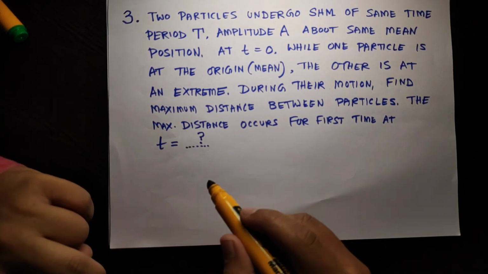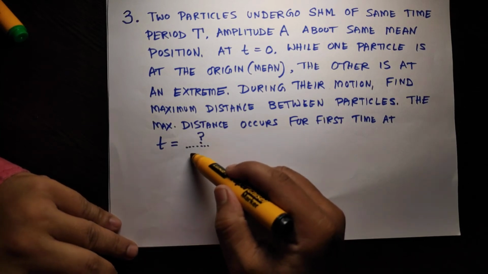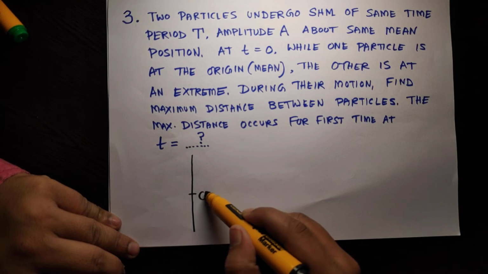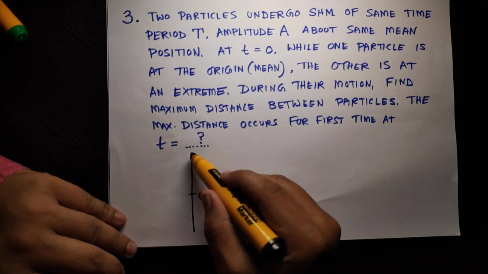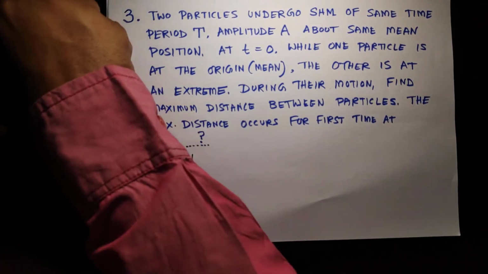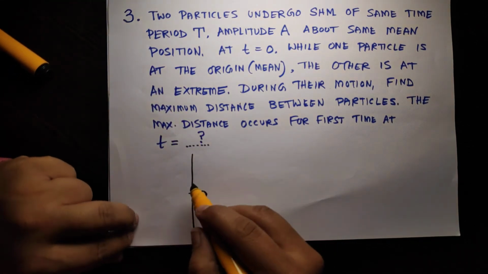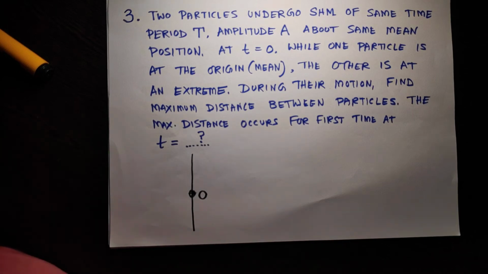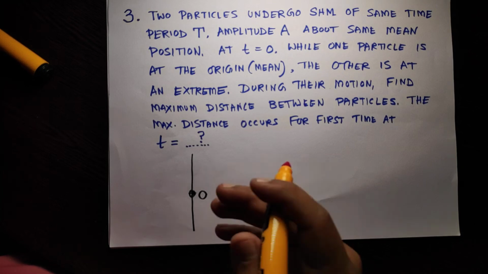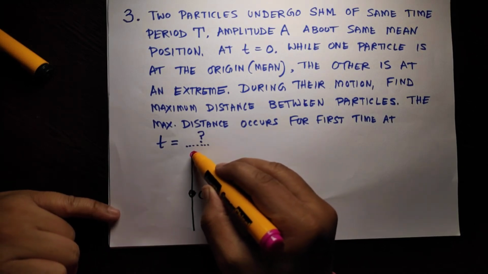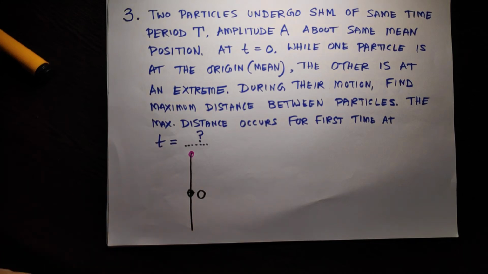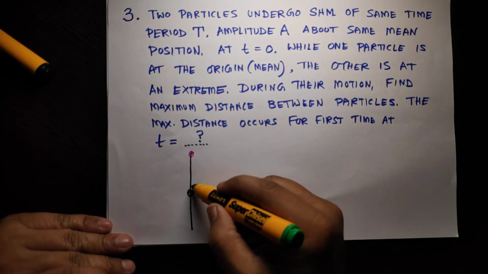This is the motion. While one particle is here at the mean position, the second particle is at the extreme position. Obviously this particle is going towards this position.